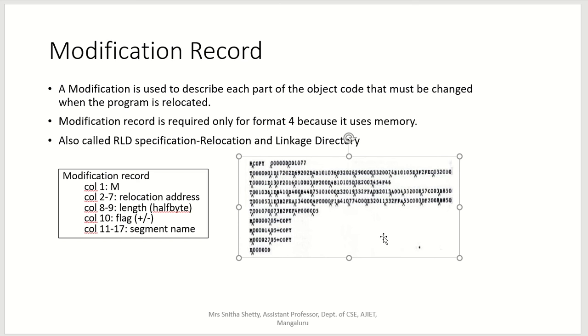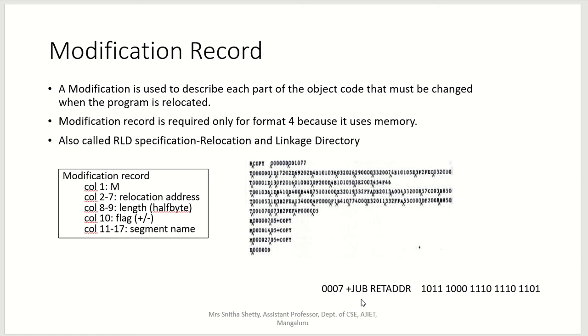I'll divide 20 into groups of 4, so 5 times 4 is 20. The length of the field should be in half bytes, so it is 5. So the modification is needed for 0007. Once again I'll explain this.